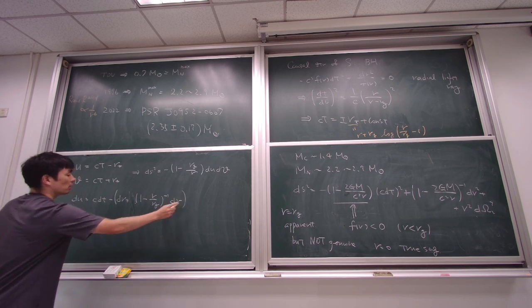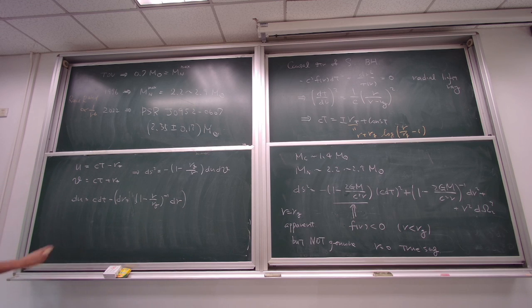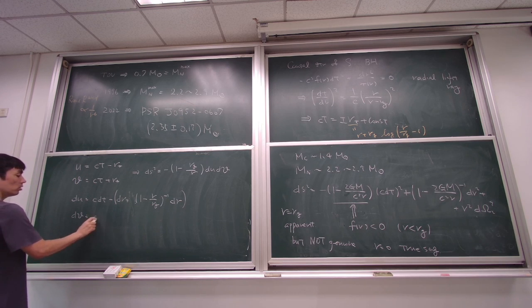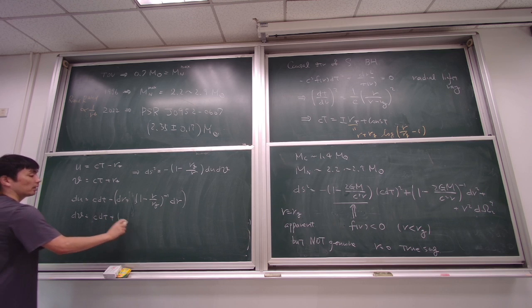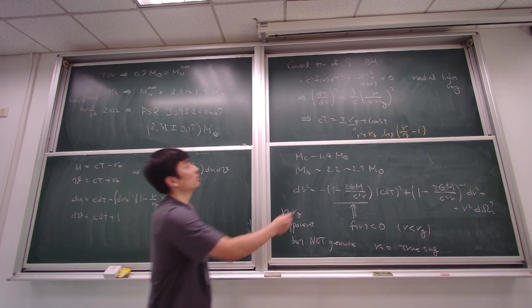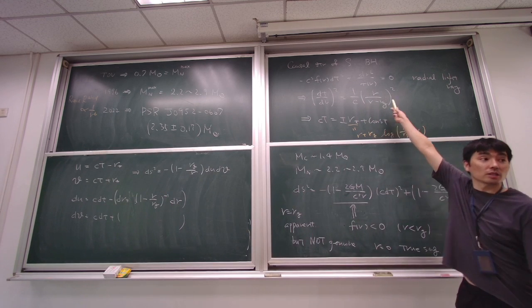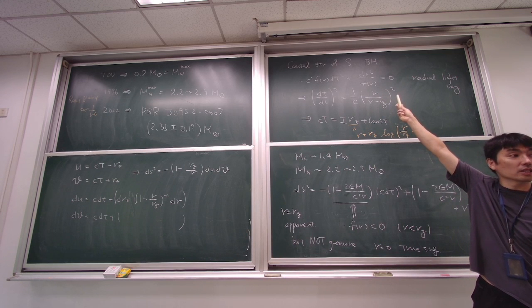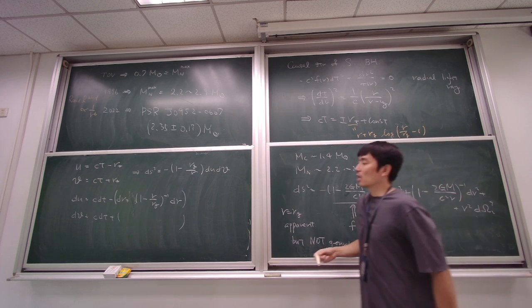Okay, like this way. So therefore dv is equal to c dt plus this guy, and if you multiply it together and multiply it, you get this upstairs. This one. Is it okay? You can see that? I hope you can see that.